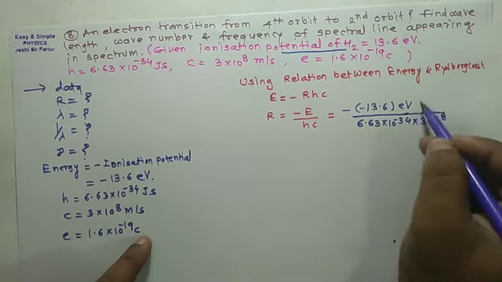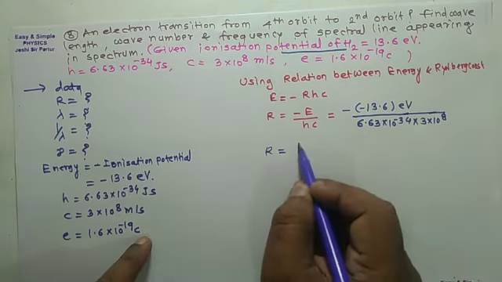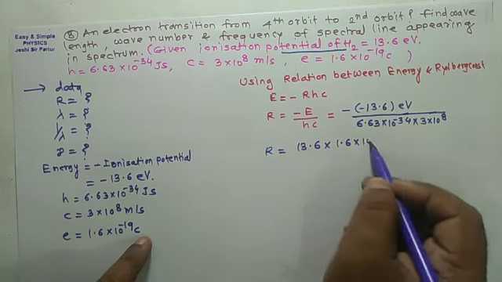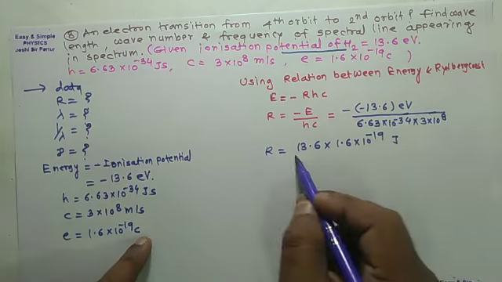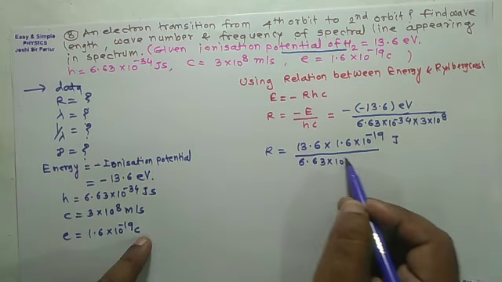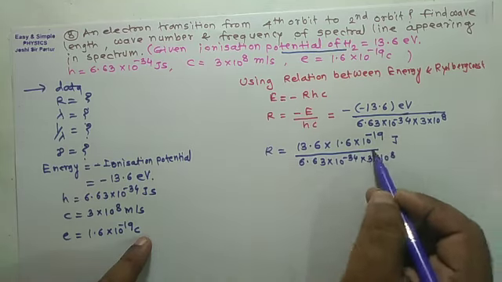But here we can convert electron volt. So capital R is equal to 13.6 into 1.6 into 10 raised to minus 19 joule divided by 6.63 into 10 raised to minus 34 into 3 into 10 raised to 8.